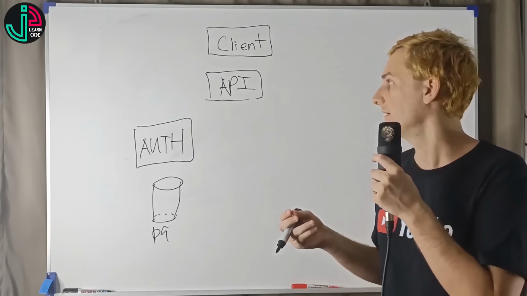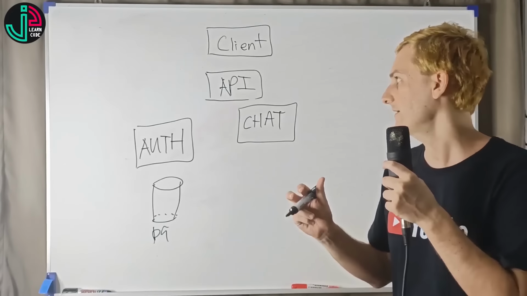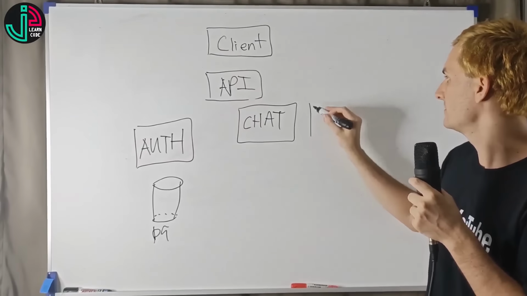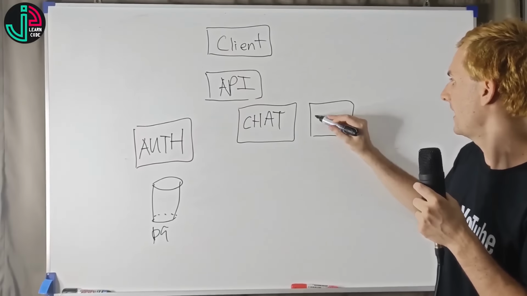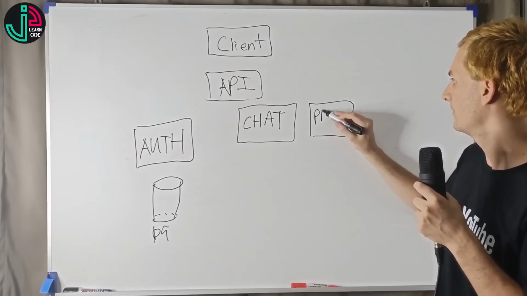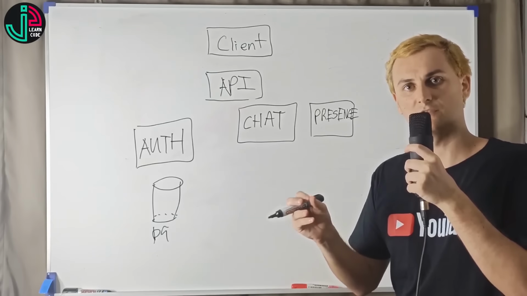But before we can chat, one thing we might want to do is see which of our friends are online or not. So I'm going to have a service here, and this is going to be called Presence. And that's basically the green light or the green circle you see on your friends list to see who is online and who is offline.